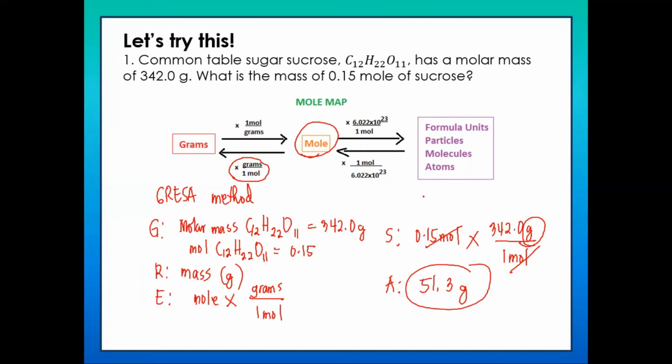So this is the mass of your sucrose with a mole value of 0.15. So hopefully you follow how we properly compute it using GRESA, and how we identify the right dimensional analysis using the mole map. Now here's the thing, class. There are instances that the molar mass is not given in the problem, but luckily we have molar mass for your sucrose here, which is 342.0 grams. So what you're going to do if there's no molar mass is for you to solve for the molar mass. Paano yun, sir?